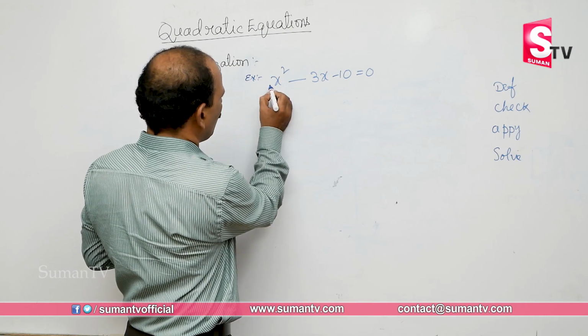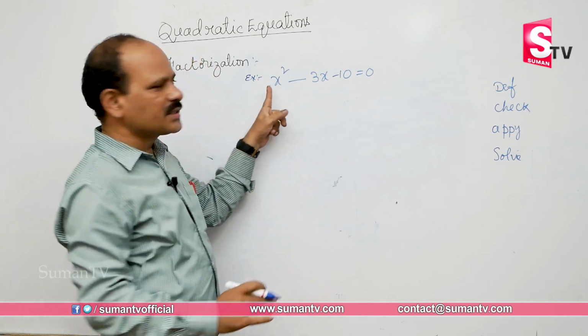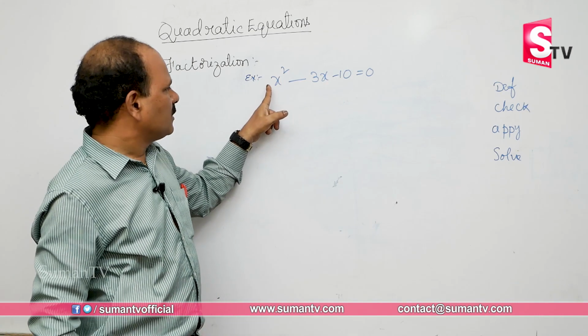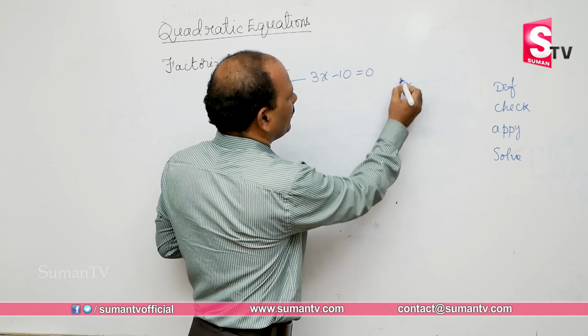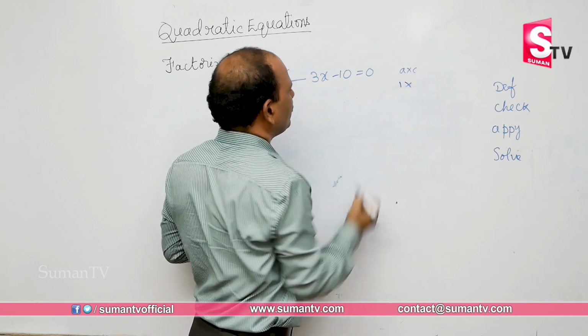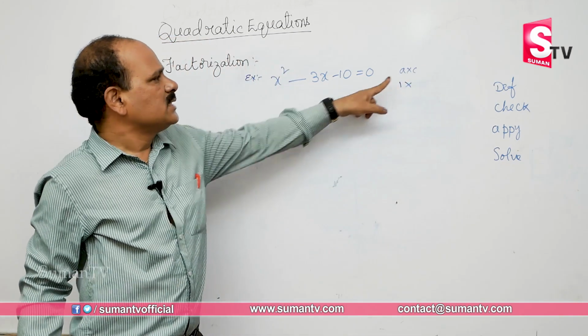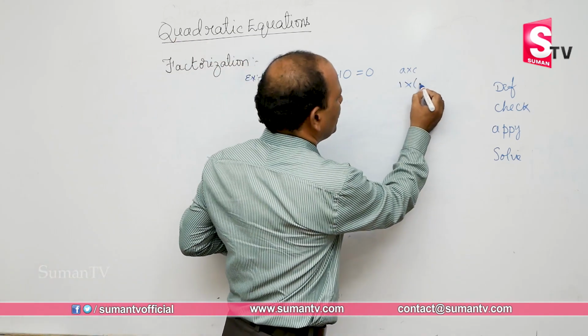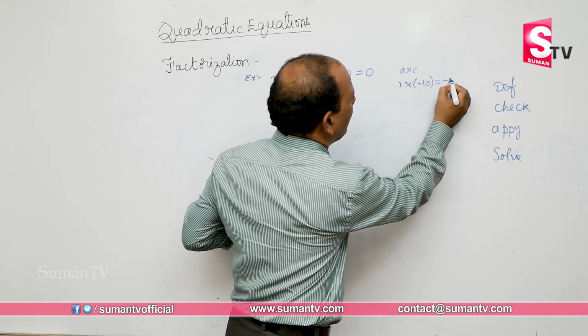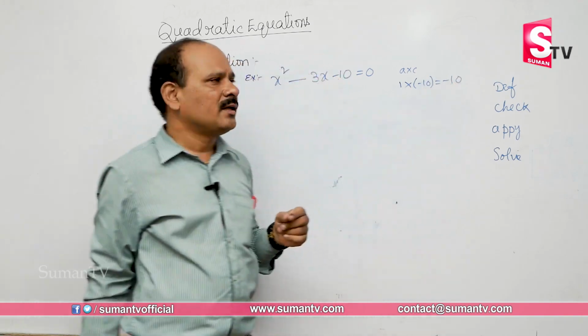Here, a is 1. If no coefficient is there, you have to take 1. Here, no coefficient is there, so I am taking a as 1. A into c, that I have to do here. Here, a is 1, and c means the constant part, it is equal to minus 10. A into c is equal to minus 10.